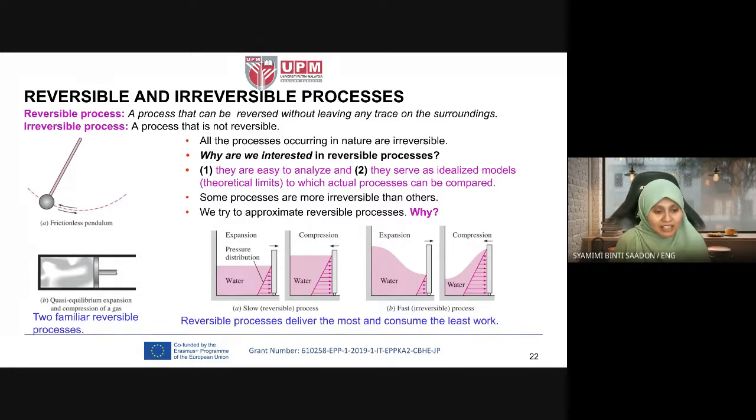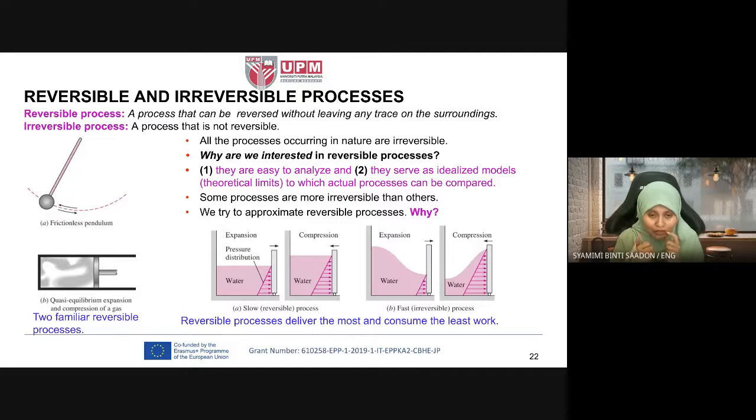Second one, quasi-equilibrium expansion and compression of a gas. If we compress or expand the gas within the piston very slowly, we might achieve a reversible process. It means there is a very slight change within the gas from the initial state to the end state.